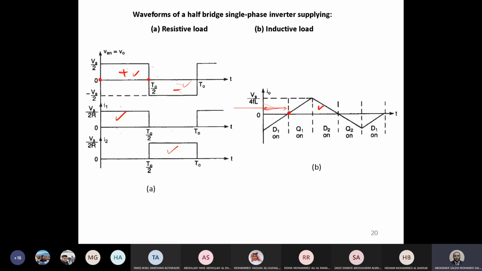We need a sinusoid with a certain frequency. In order to understand the contents of this waveform, we can make a Fourier analysis. You know the Fourier series is used to analyze the components of any waveform, how many sinusoidal waveforms are included.